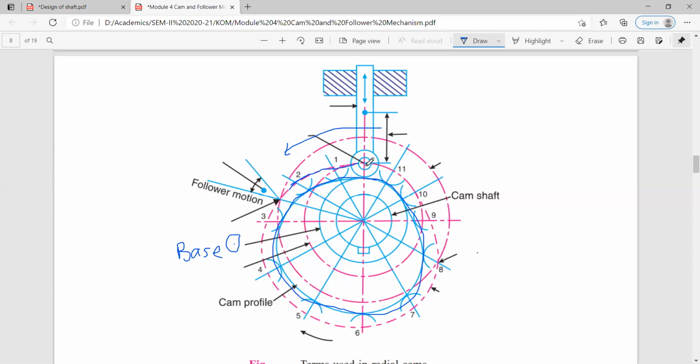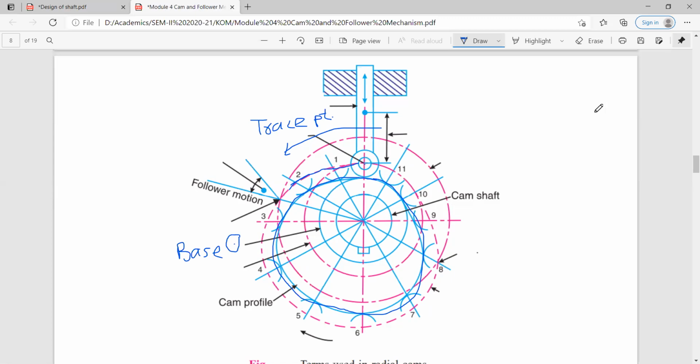Therefore, this particular point, the center of the roller, will be your trace point. What a trace point does is, when the follower is rotated around the cam surface, it generates the same curve as the shape of the cam. That is known as the trace point.